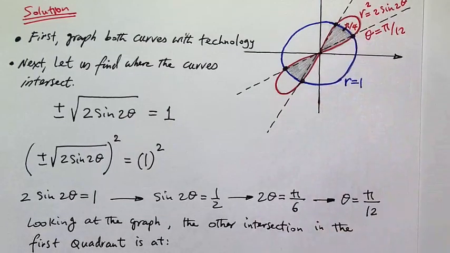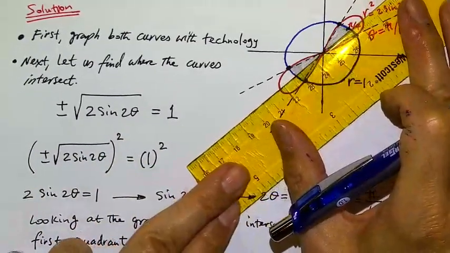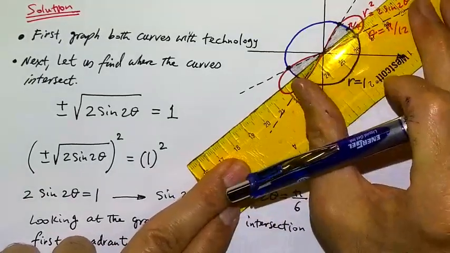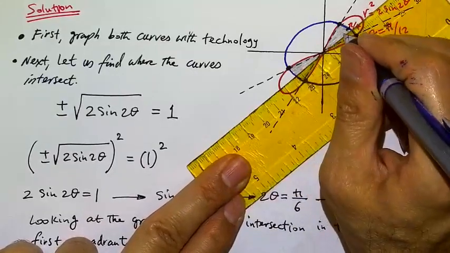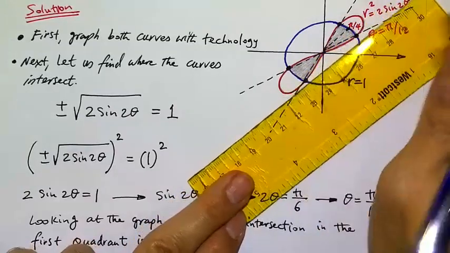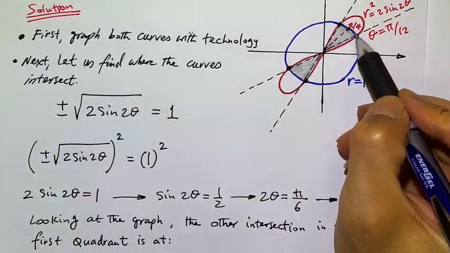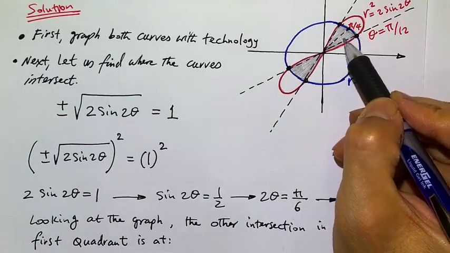And then I'm going to put a rough line, because this is the most important part of the solution, so everybody can see why we're doing what we're doing. So let me draw that right through the pole. Notice that this piece is the area under the curve that generates the circle.